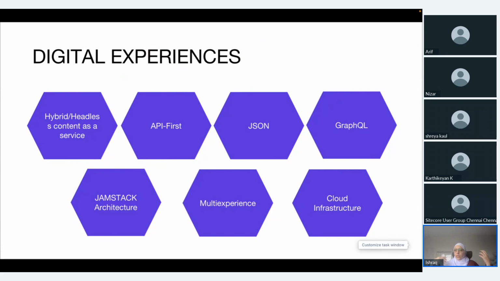Because we've always been using APIs to integrate with third-party data, but now we're making this API-first approach between two things I own, which is my application and my CMS. We consume data, whether in a JSON format or GraphQL, something we're used to, but these are all the new things that the digital experiences we're building nowadays revolve around.